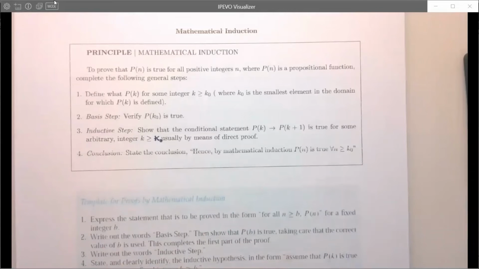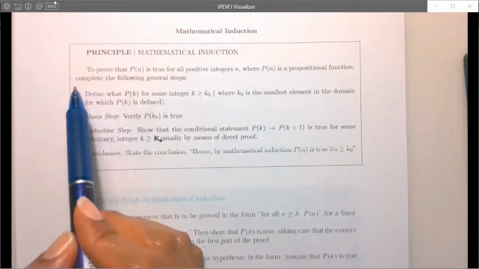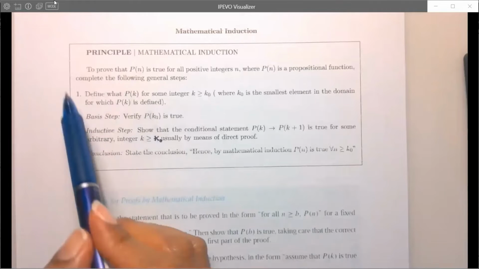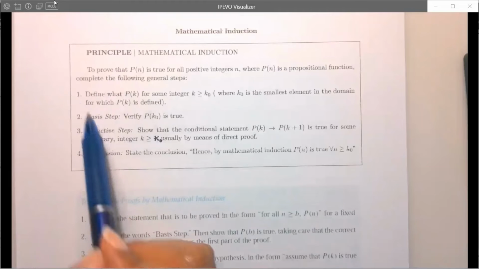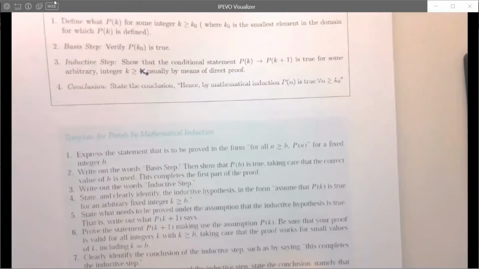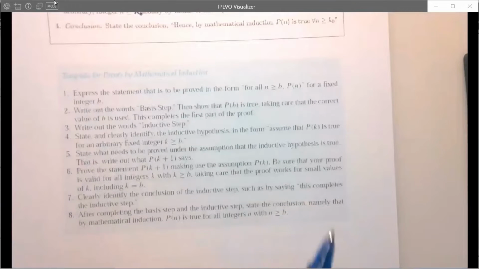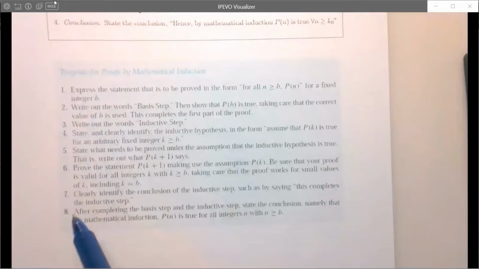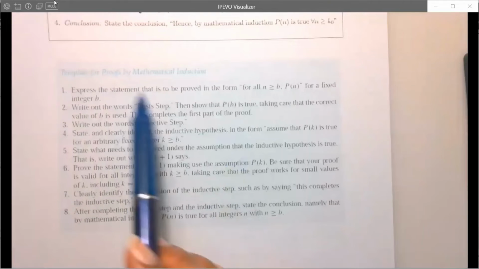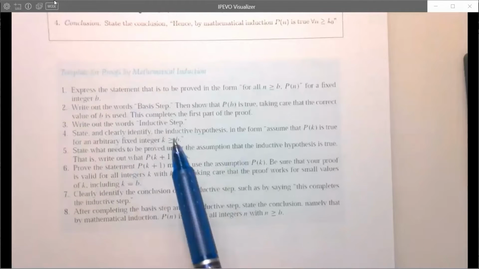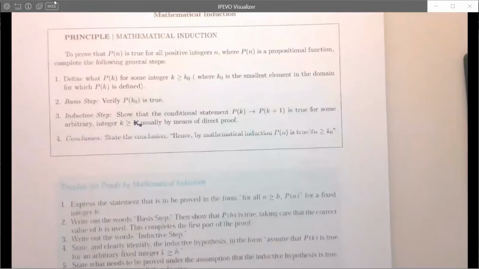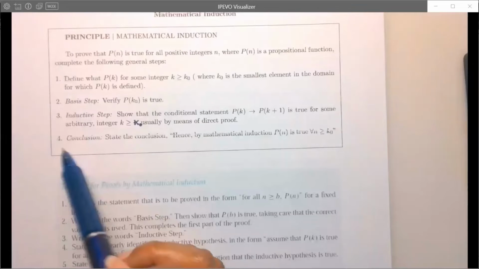Any proof that you're doing using mathematical induction has these 4 general steps. There is a template that the textbook offers that's a little bit more detailed, and it has 8 steps. So I'll let you read this on your own time and use it as a reference whenever needed, but you should know by heart that it has these 4 basic steps.